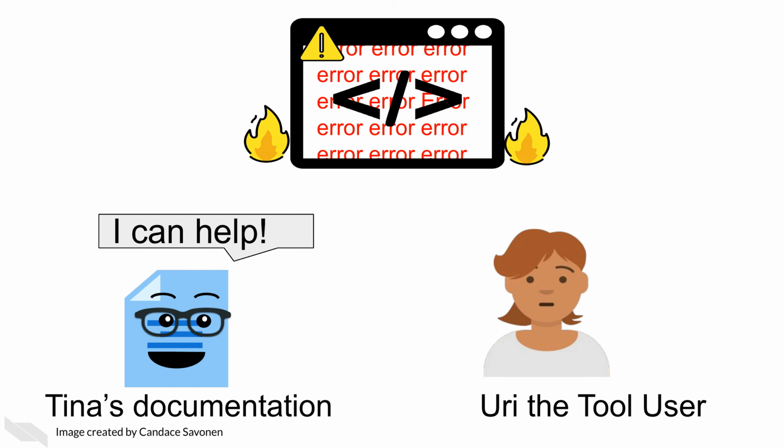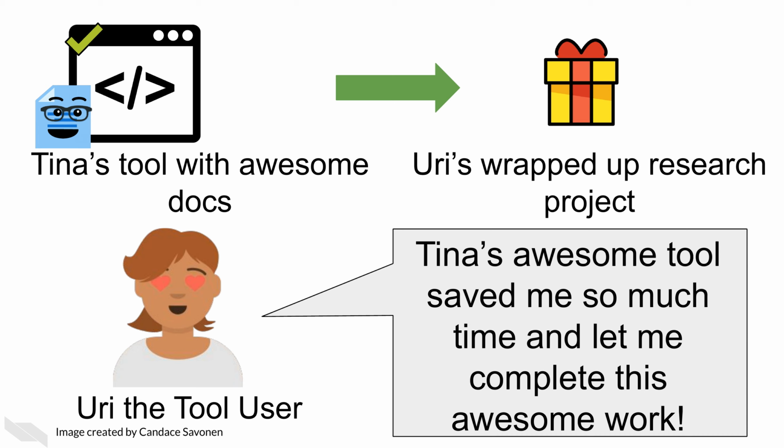Although Tina is not present, Tina's documentation can help communicate to Uri how to navigate Tina's awesome tool. Uri is enamored with Tina's awesome tool that has awesome documentation because it has helped them wrap up their research project, represented by a wrapped gift. Uri says, "Tina's awesome tool saved me so much time and let me complete this awesome work."